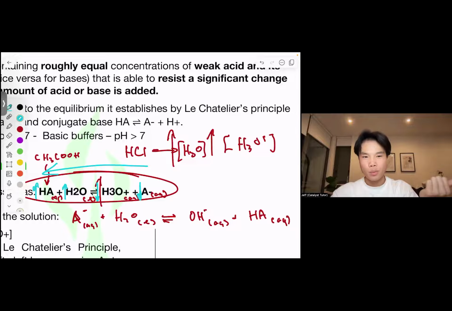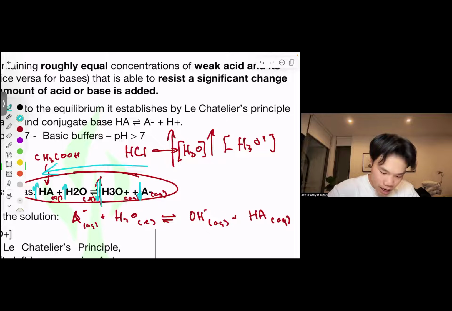So what effect on pH does it have? Will pH change by much? It will not, because that initial change that you made is counteracted and offset by this compensation. So your net change in H3O plus is tiny.